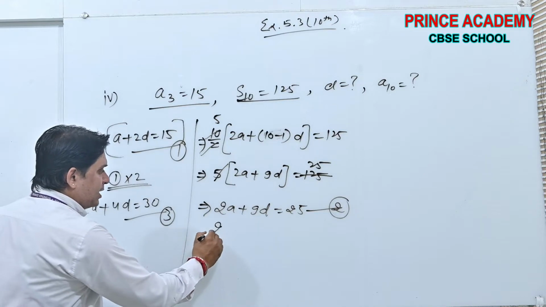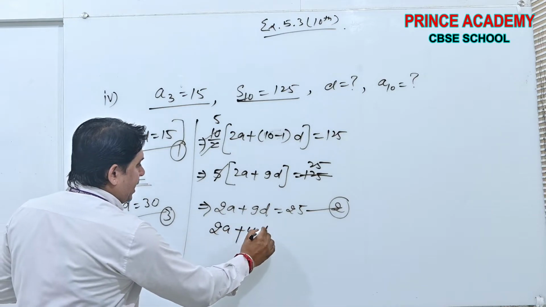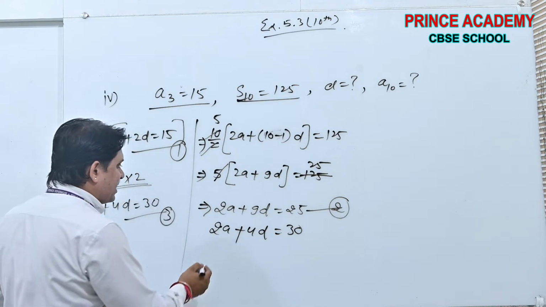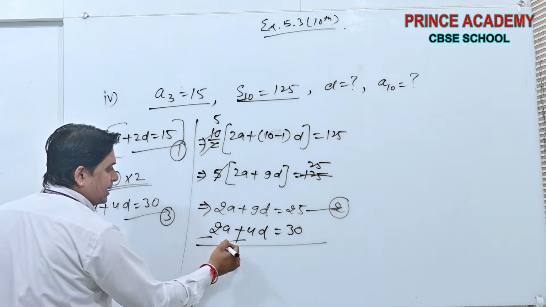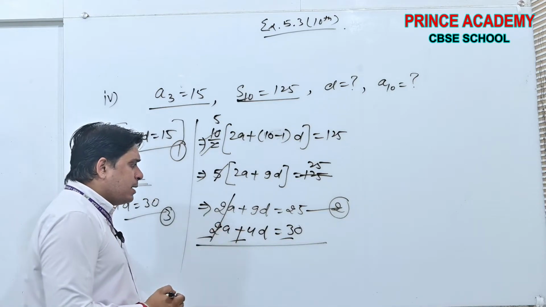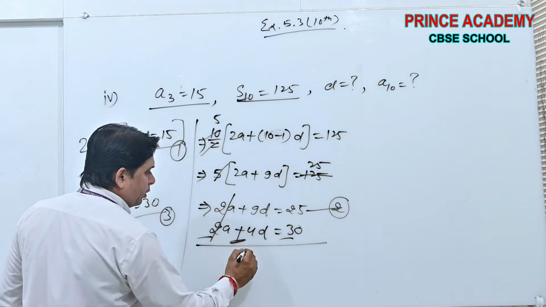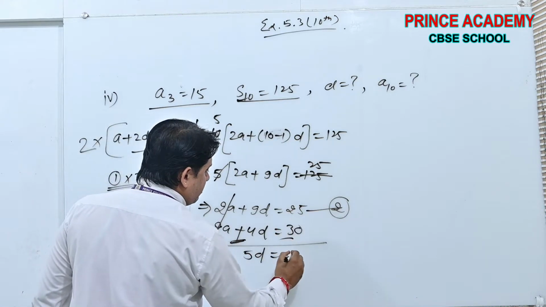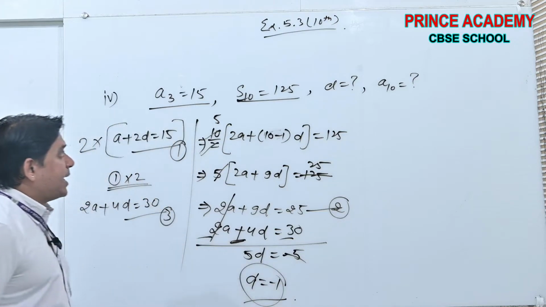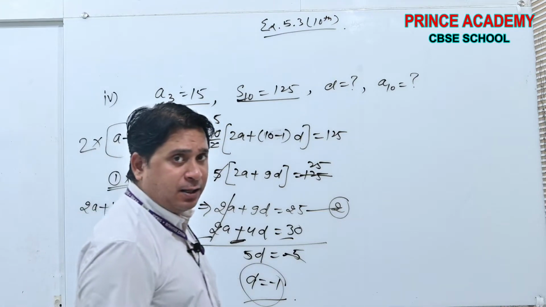Now see, here is 2A plus 9D is 25 and 2A plus 4D is equal to 30. Okay, now if I subtract the equations, 2A minus 2A cancelled. 9 minus 4 is 5D. This is minus 5, cancel. D will be minus 1. Yes or no? D is minus 1. Are you getting my point?